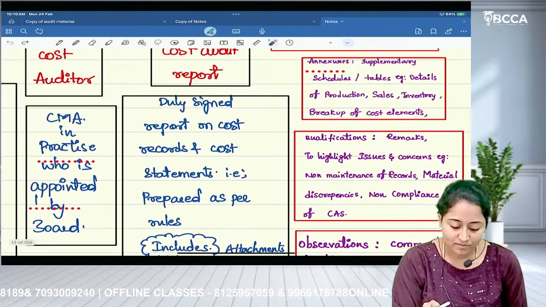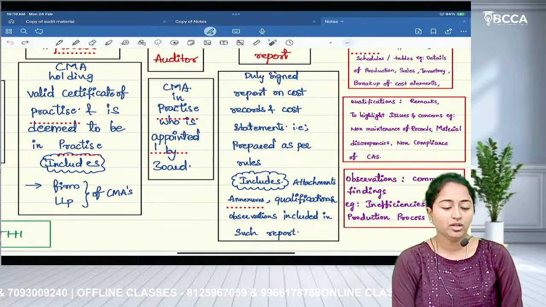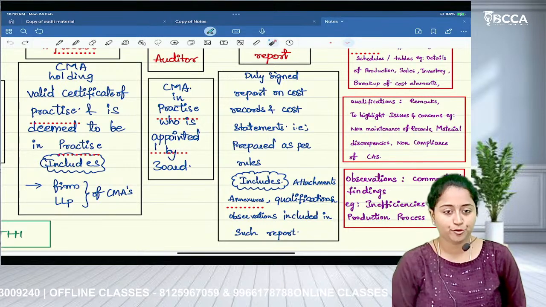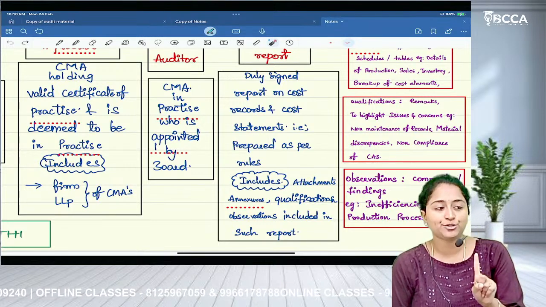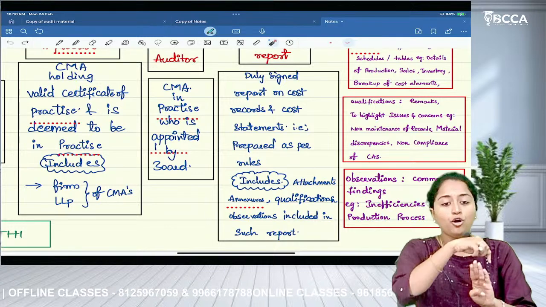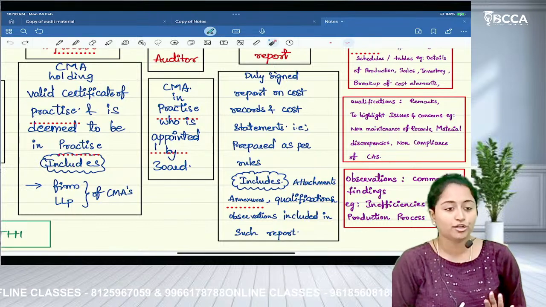Now, the cost audit report does not only include the statement prepared by the cost auditor. It will also include the attachments, annexures, qualifications and observations. Including all this, if it is a duly signed report, then that will be called a cost audit report.